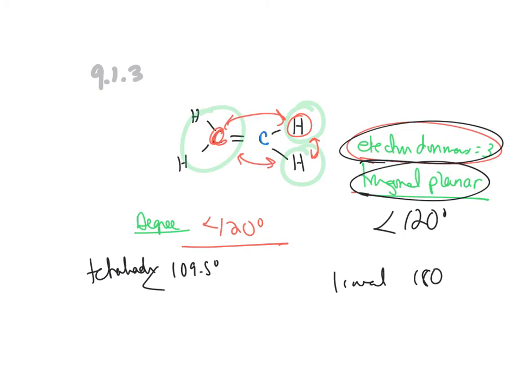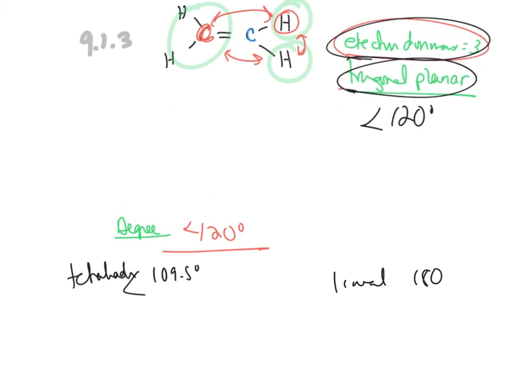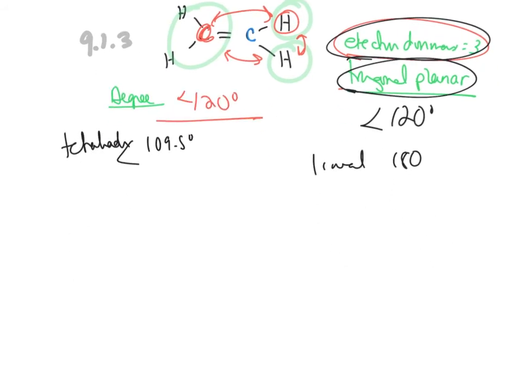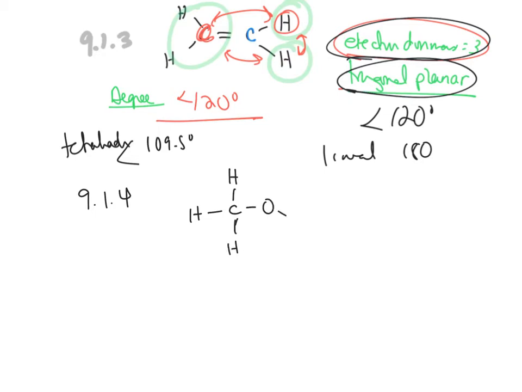So let's look at another one. What is it, 9.1.4? We have oxygen and we have two lone pairs. So when you look at this, you see that you have one group, two groups, three, four groups.